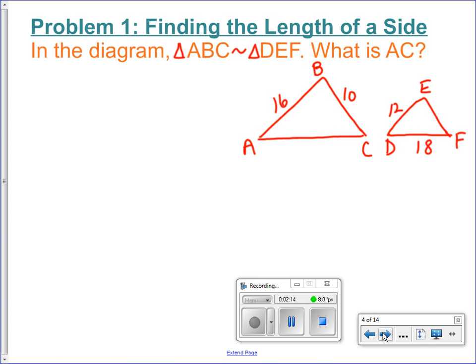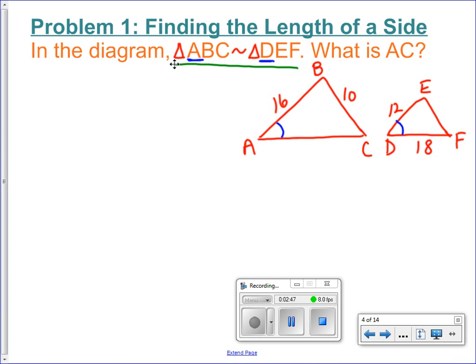Before we do that, let's look at our similarity statement right here and compare what we know about these two figures. First of all, angle A is congruent, or has the same measure, as angle D. This is because angle A is listed first in triangle ABC and angle D is listed first in triangle DEF.